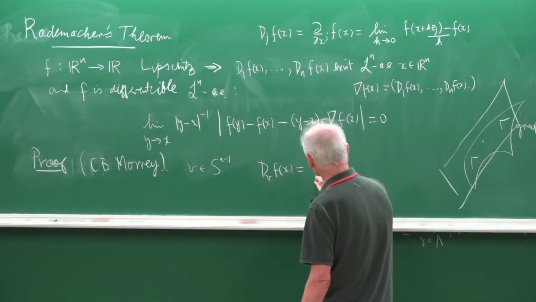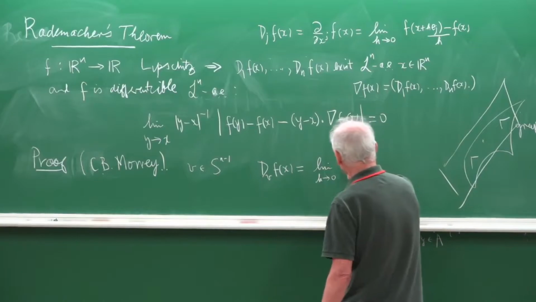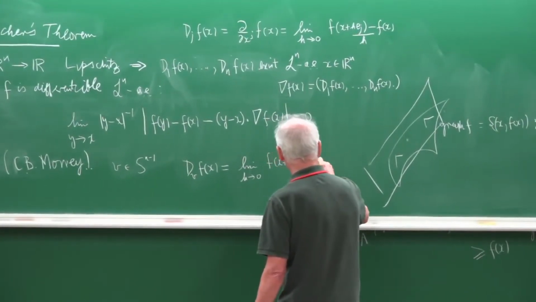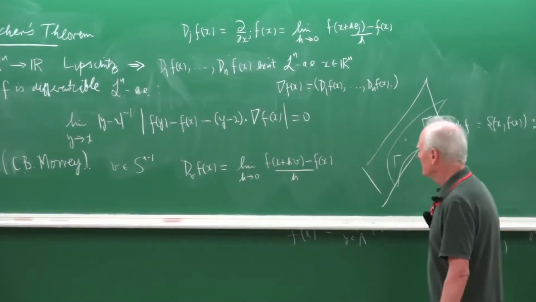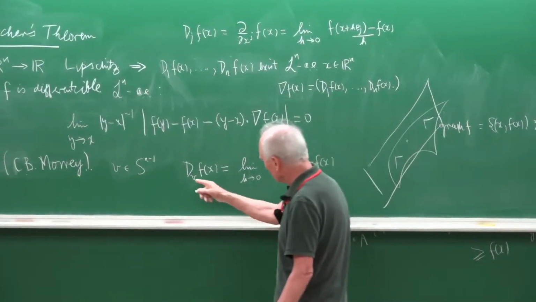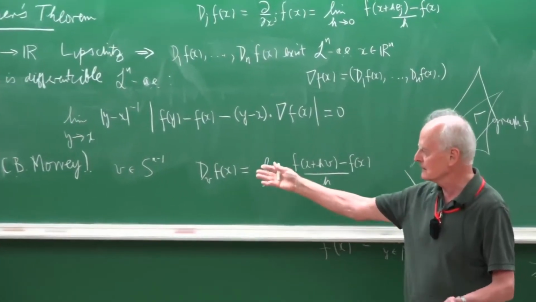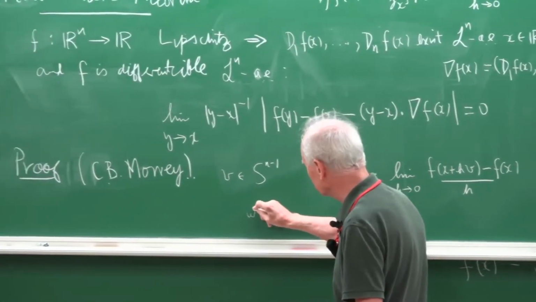That's the limit as h tends to 0 of f(x plus hv) minus f(x) over h. And we do this whenever this exists. Notice there's no guarantee this exists everywhere, of course. It's only a Lipschitz function. But whenever this exists, we make this definition.